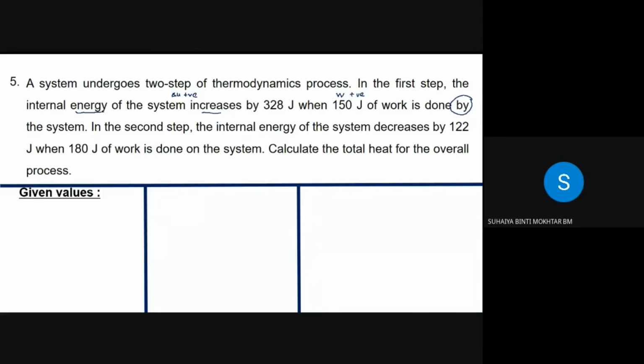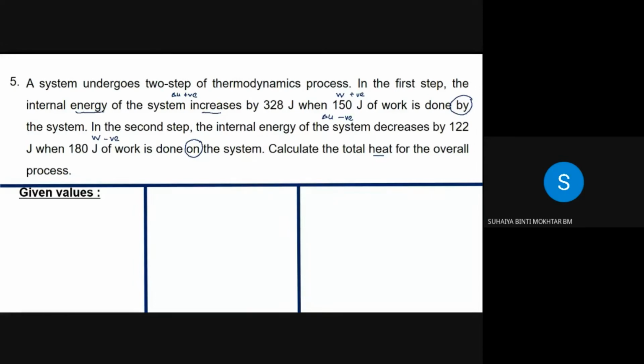So it means that delta U is negative, right? Decrease. Okay. When 180 joule of work is done on the system. On the system. So is work done positive or negative? Negative. Okay. So calculate the total heat.